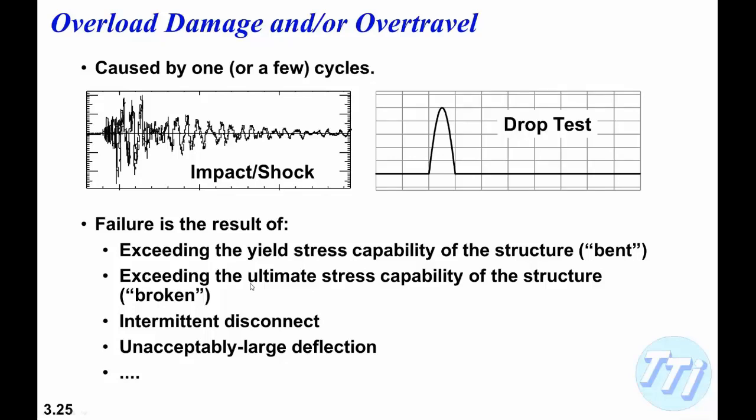Exceeding the ultimate stress of the structure, then it's broken. Perhaps we'll have an intermittent disconnect where during the shock the device stops working, or perhaps we have unacceptably large deflection due to the shock.